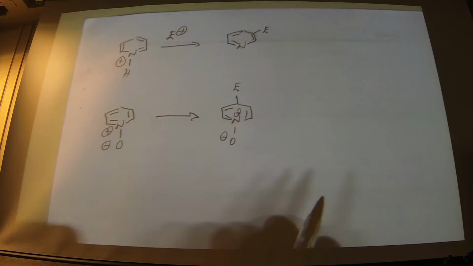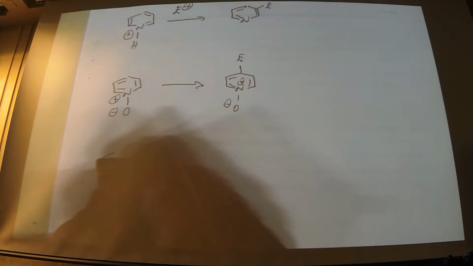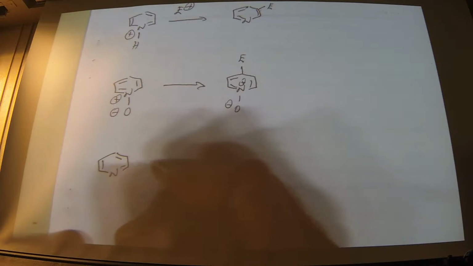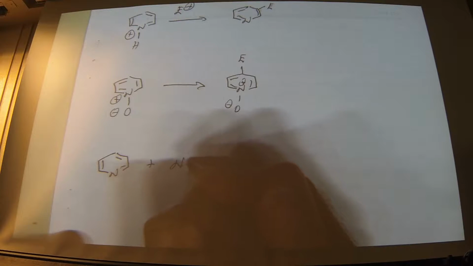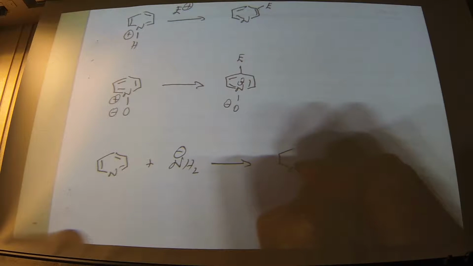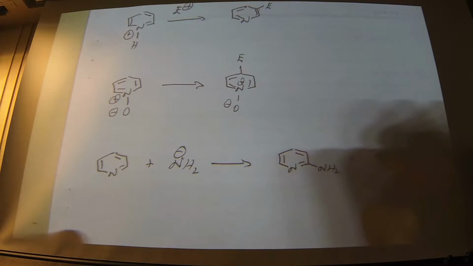Now, pyridine, I said, had some kind of weird chemistry that was limited to pyridine, and certainly the reaction whereby you take an amide and treat it with pyridine and then end up with 2-aminopyridine, and what I'm going to show here is hydride.